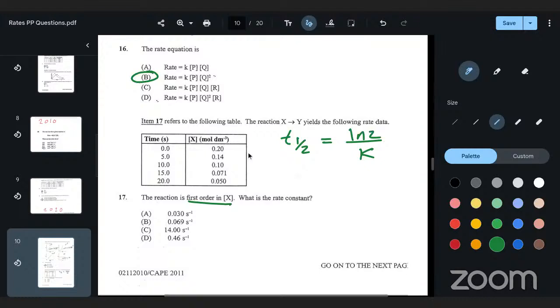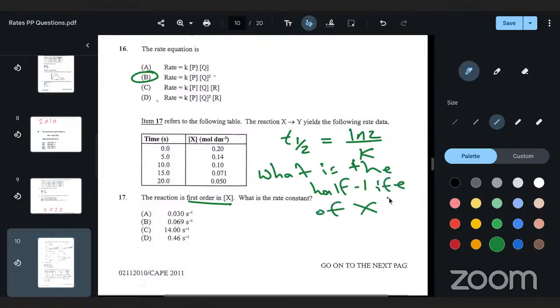So how long did it take for the concentration of X to halve? So what is the half-life of X?